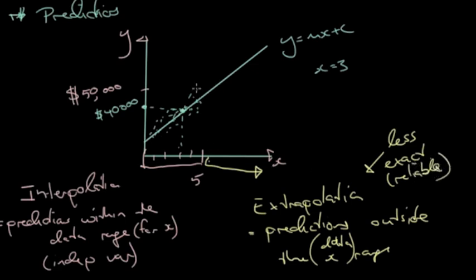And that's because past here, the relationship that we see might not continue. It might go like this, up, but probably more likely in the case of income, it's going to start to go something like this, and then it's going to really peter out.